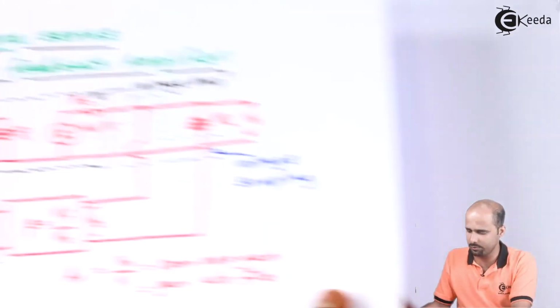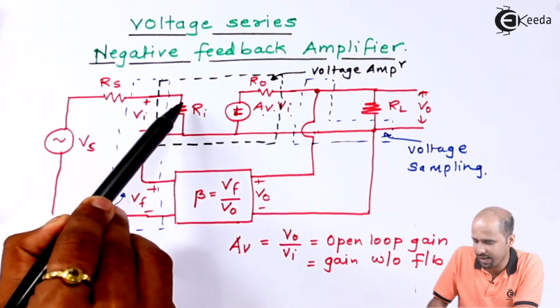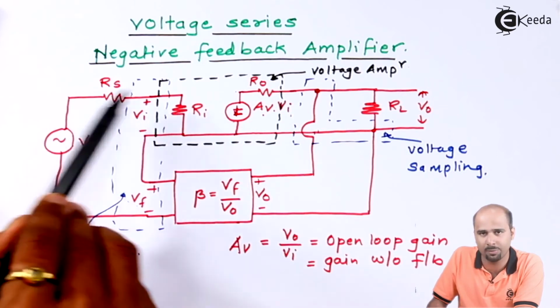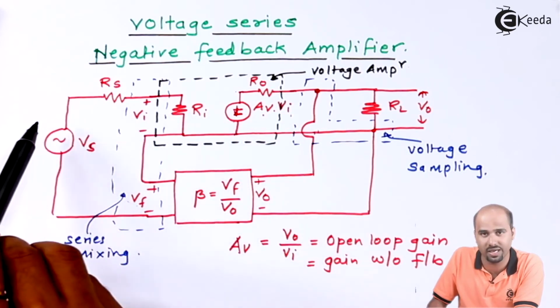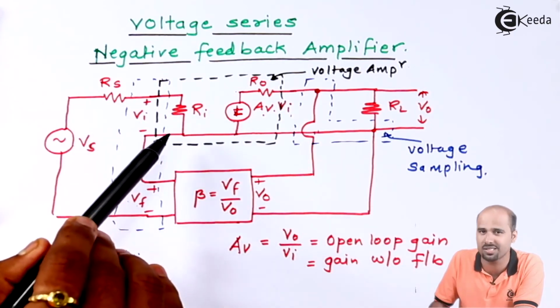See this particular diagram. This circuit tells you that whatever Ii is flowing through Rs and Ri will be the same when we are considering the value of the resistance with feedback as well as without feedback. So your current value is the same, as it is nothing but the series combination.